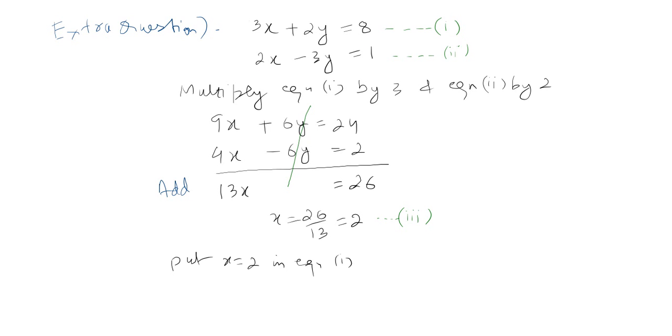What we'll get is 3 into 2 plus 2y is equal to 8. This x is now 2, so 3 into 2, and the remaining is the same.